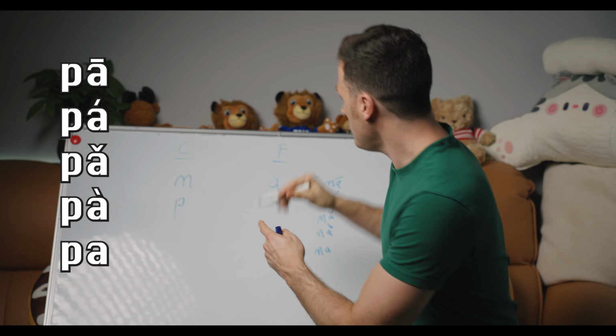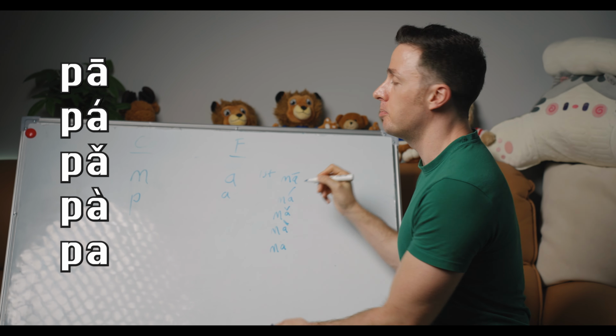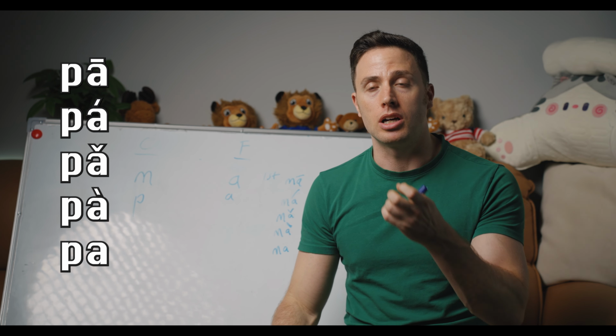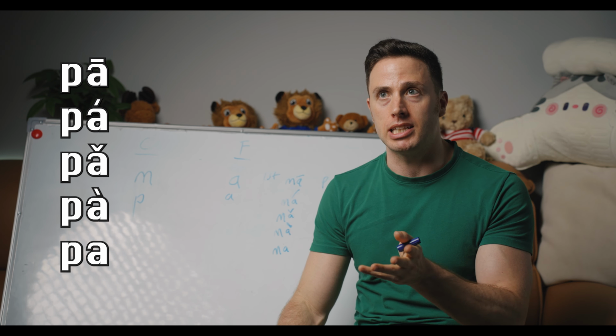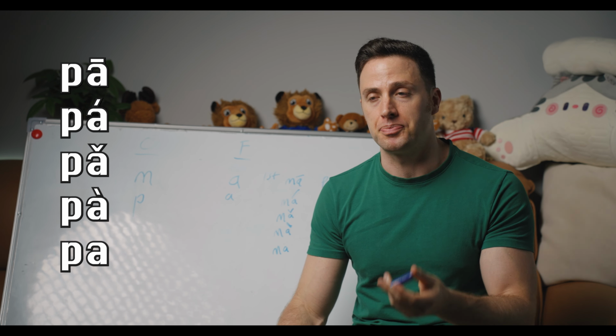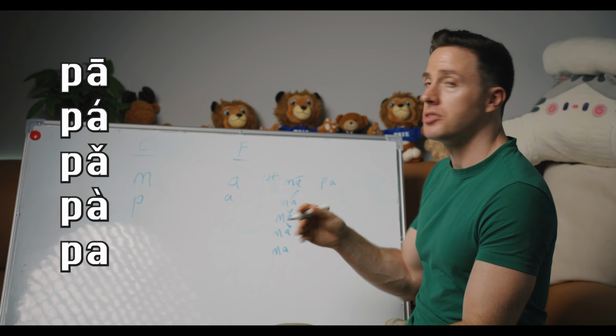So this is to be said, pa. Now, some consonants in Chinese are going to be a little bit stronger than they are in English, and they're going to sound different. So just try your best to tune yourself to the sounds of them. So here we're going to do pa. Let's do first tone.